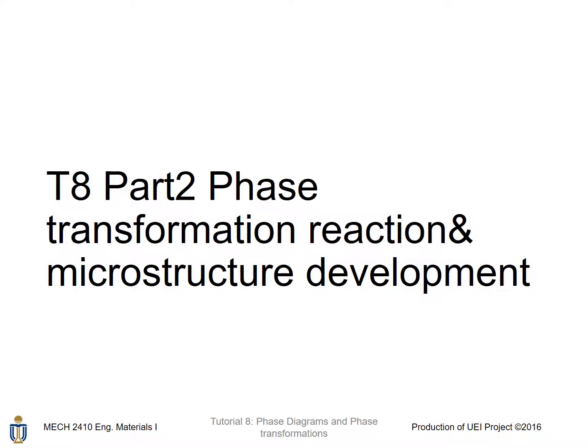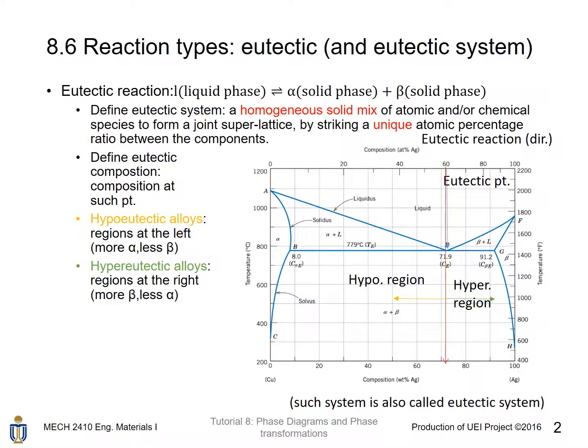Tutorial 8, Part 2, Phase Transformation Reaction and Microstructure Development. Eutectic reaction consists of one liquid phase changed to two distinct solid phases.